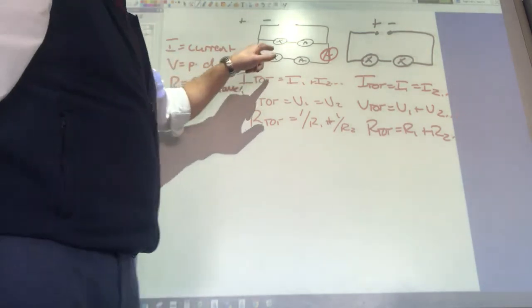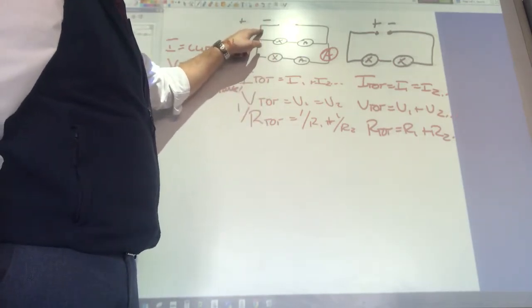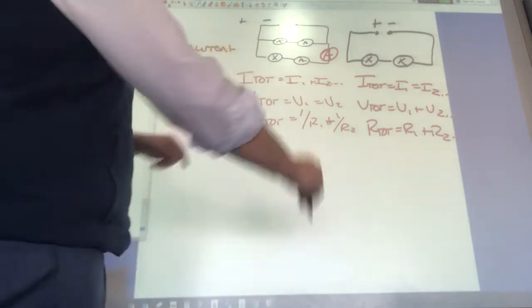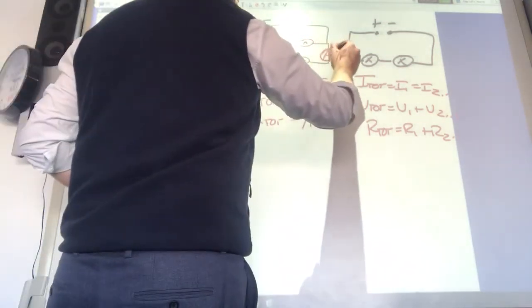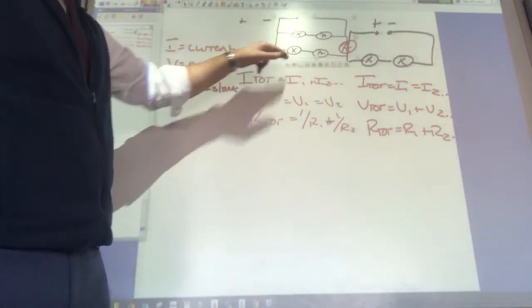So, in a parallel circuit, the total current, which we measured up here, will be equal to the current here and the current there.